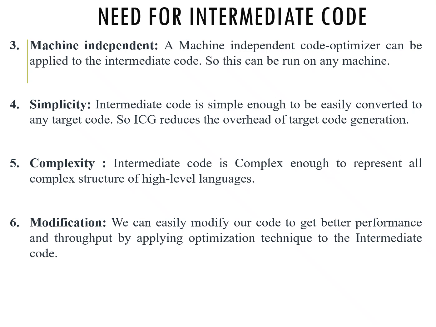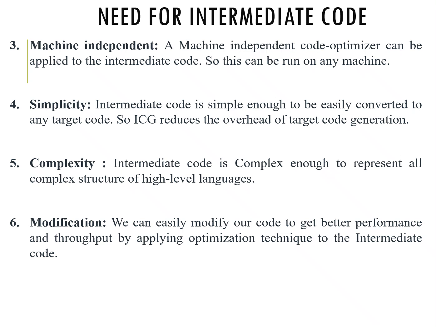Simplicity is the second need. Intermediate code is simple enough to be easily converted into target code. So ICG reduces the overhead of target code generation. Fifth, complexity. Intermediate code is complex enough to represent all complex structures of high-level languages. So in my upcoming slides, you will understand how an expression is converted into its 3AC format or into its intermediate code. You will understand how a program is converted into its intermediate code.